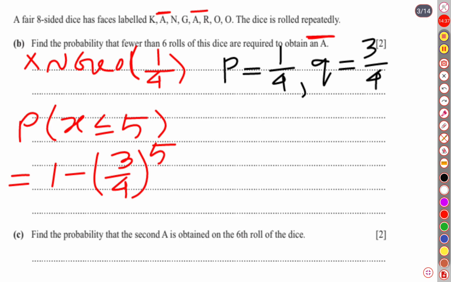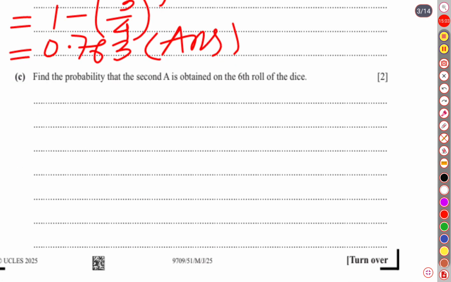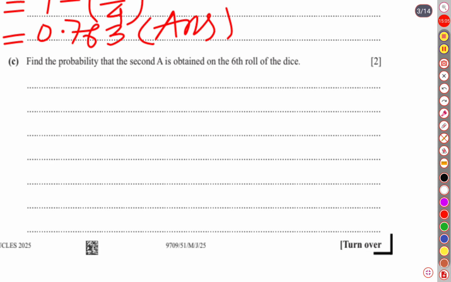Somewhere he succeeded. Finally, our result is 1 minus (3 over 4) raised to 5, which is 0.763. That is our answer.